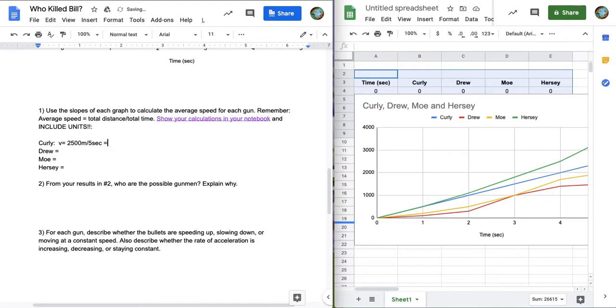From there you can figure out Curly's speed, and this is going to be 500 meters per second, because it's the speed. We talked about how the slope of a distance versus time graph represents the velocity. So nothing new, we're just adding numbers.